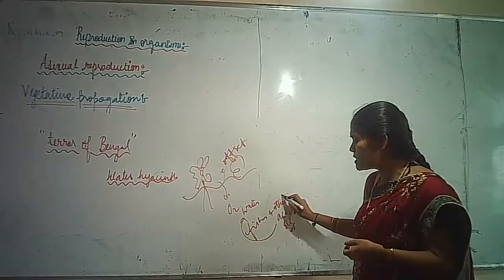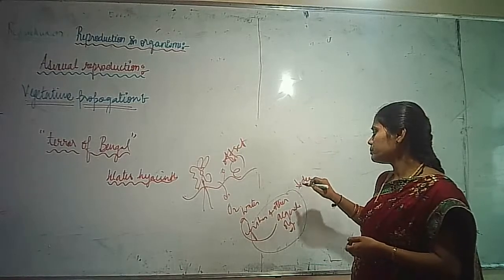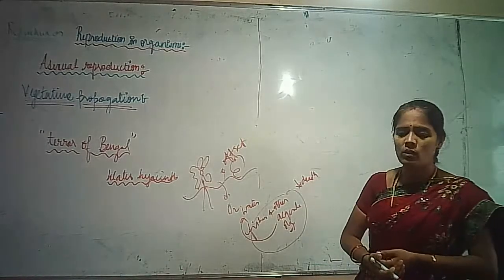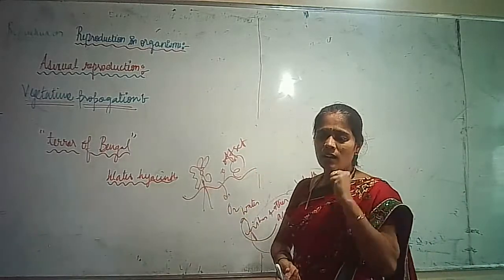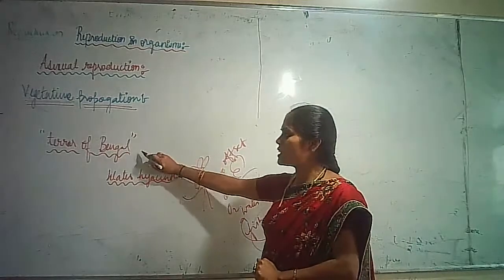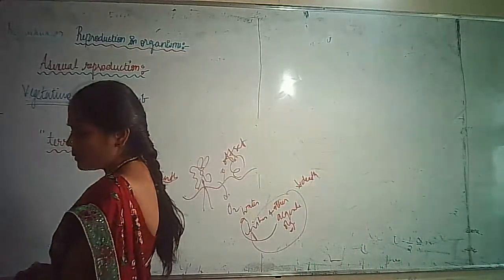As a result, all these organisms start dying. Death of the aquatic organisms takes place. So that is why it has become a headache, and it is commonly called the terror of Bengal.